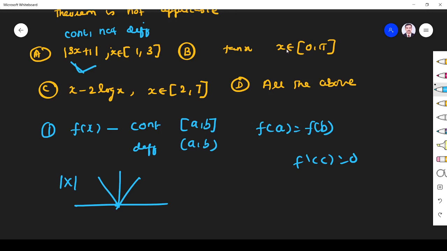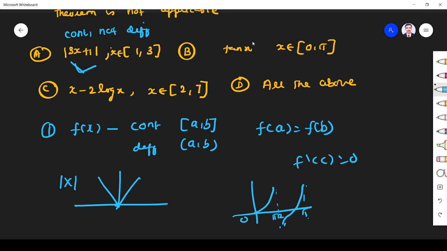Next, tan x where x varies from 0 to pi. So we know the tan curve will be like this, going up, and after that it will be coming again. This is pi by 2, and this is pi. So at pi by 2, what will happen?